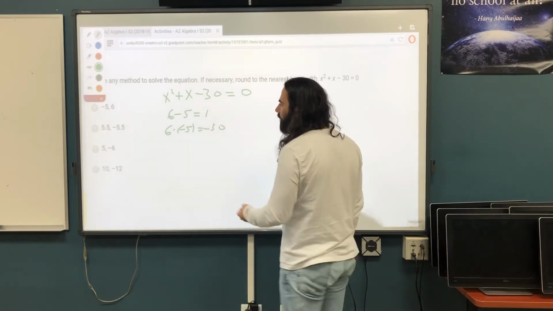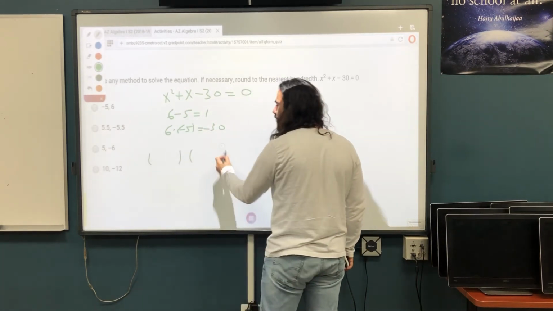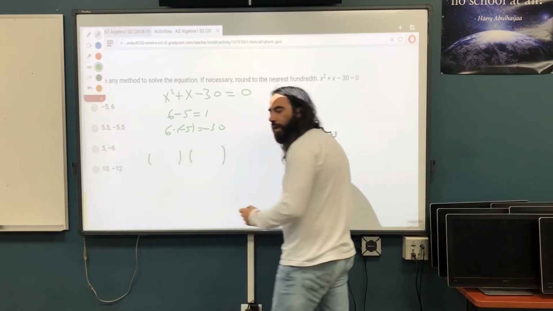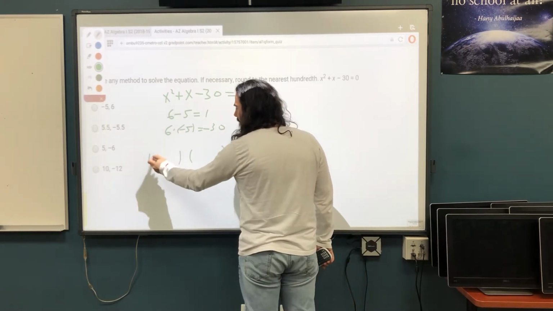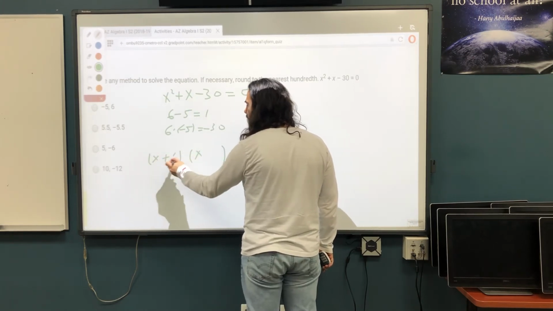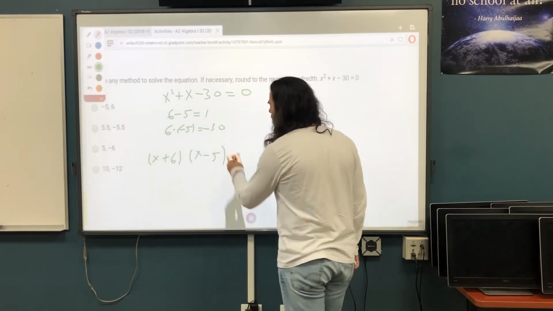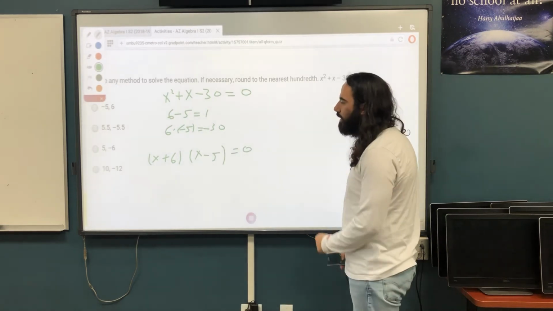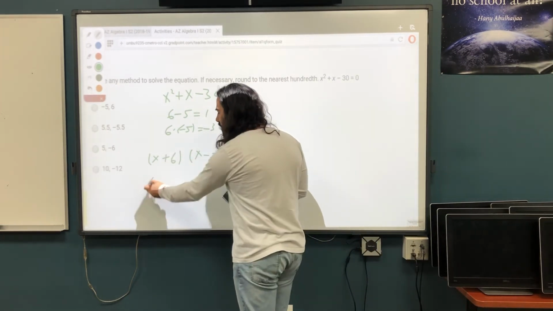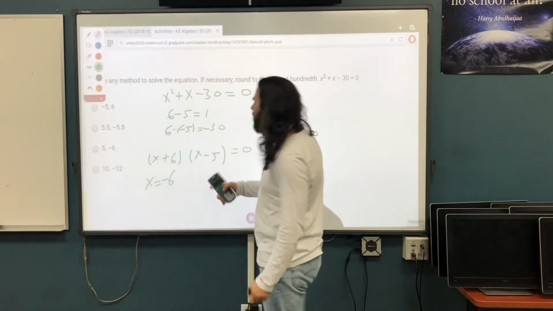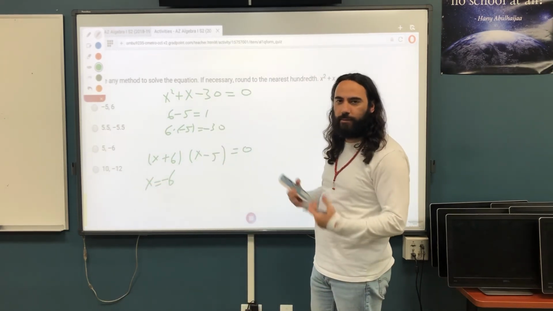So now I can factor it. 2 parentheses, if you remember. Go back to factoring if you can't remember. And x, you add the 6, you subtract the 5, and this will be your answer. So now the answer would be, which number do I add to the 6 that gives me 0? It's negative 6. Which number do I add to the negative 5 that gives me 0?